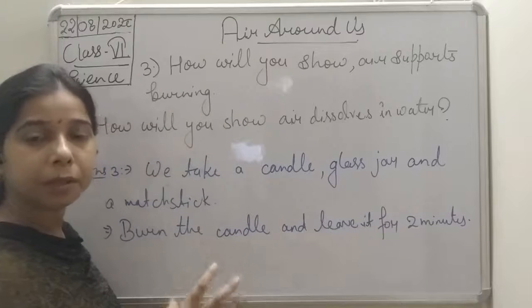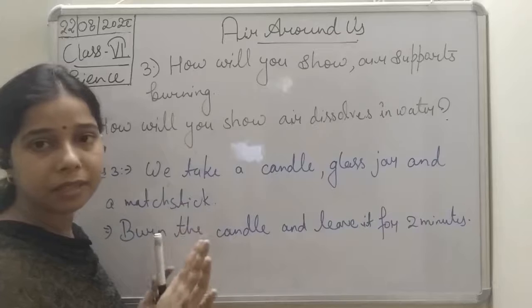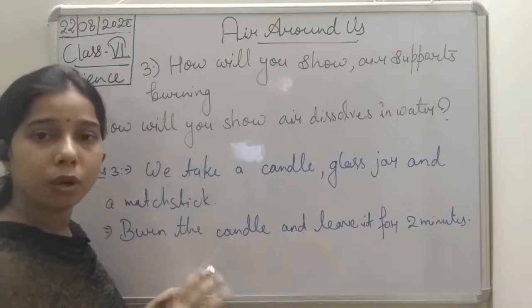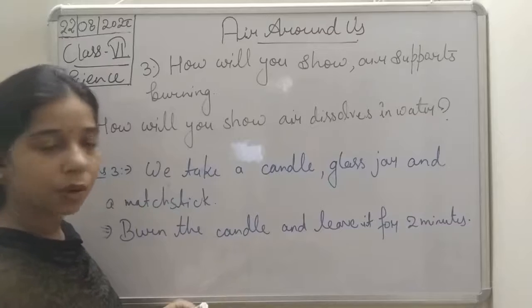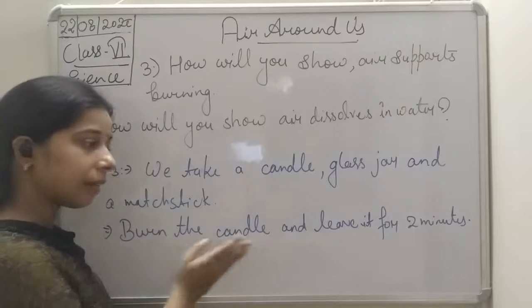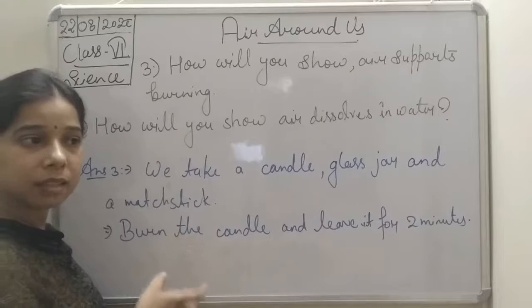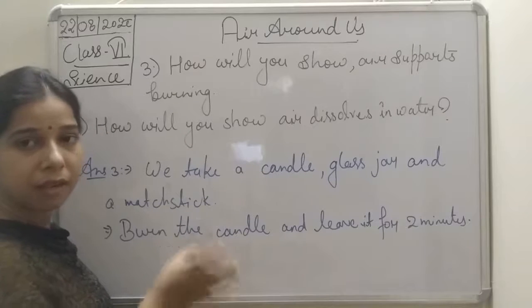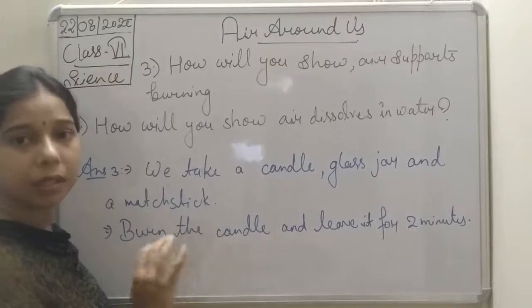It is not hindered by anything, it is continuously burning. When you burn the candle and leave it, you will see that it is not going to stop, it is not going to extinguish. It is because of the continuous supply of the air that helps the candle to burn continuously.